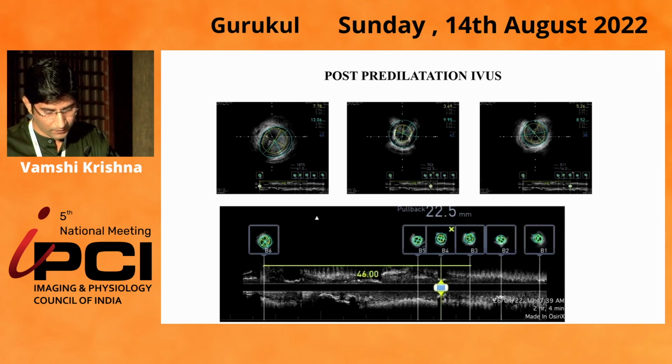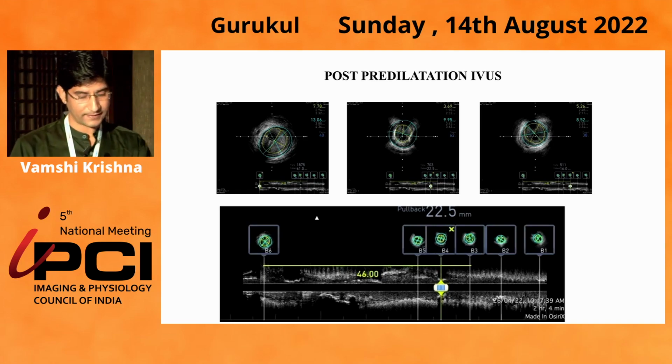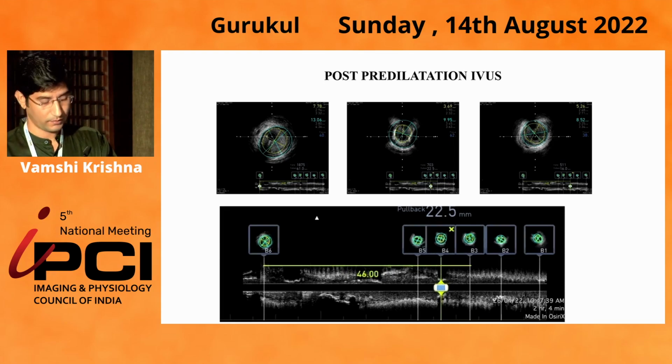At around B3, the lumen areas were 2.48 and 2.7, and 3.25 and 3.34 for EEM, with plaque content of around 38%. The length measured from B6 to B3 was around 46 mm.